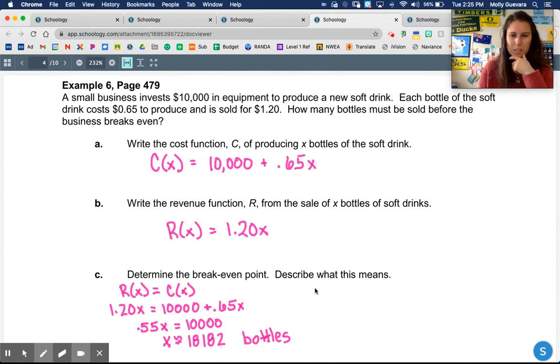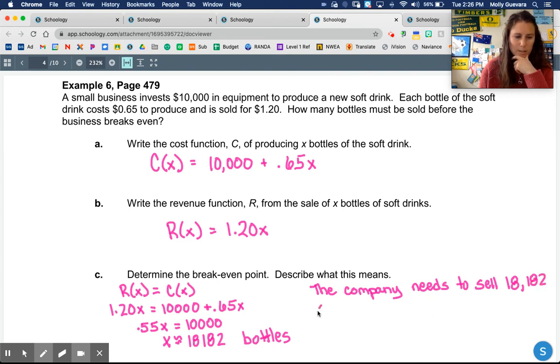Okay, well, this means that the company needs to sell 18,182 soft drinks to break even, right?